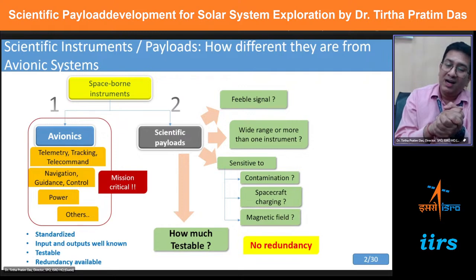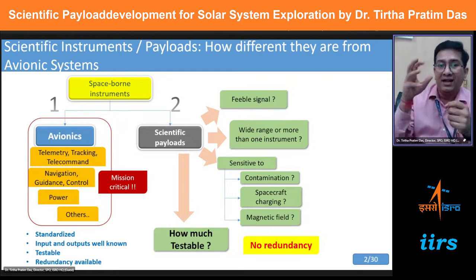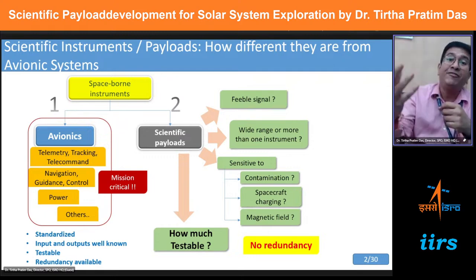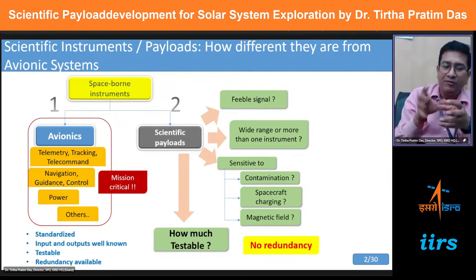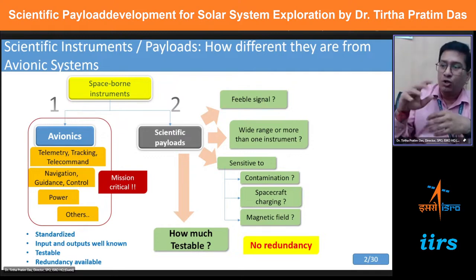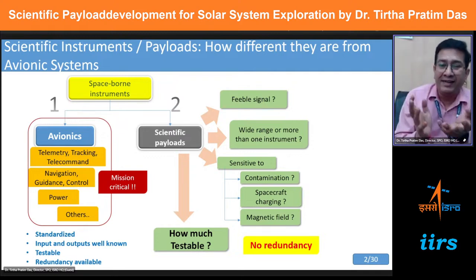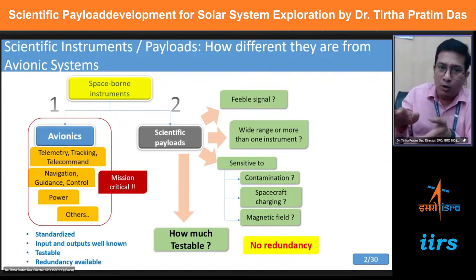And it also may be sensitive to the magnetic fields, especially for the magnetometer kind of instruments, which are destined to measure the magnetic field of, say, celestial origin. And you're mounting it as a part of the spacecraft. The spacecraft has its own magnetic field, which may interfere with the magnetic field which you're going to measure.